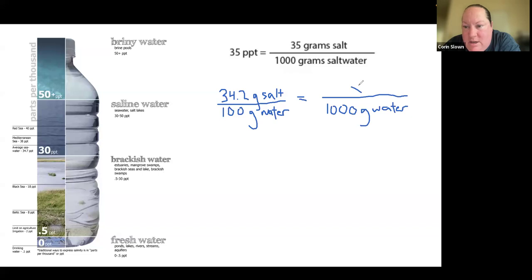All right, so I need to know the amount of salt. Well, in this case, it's moving a decimal by one place. So it would be 342 grams of salt per 1,000 grams of water.